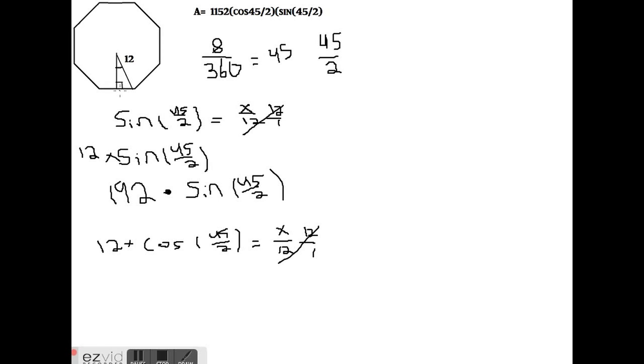Anyways, so then we need to plug it into the octagon formula, which is area equals half A times P. So then we plug everything in. A equals half the adjacent, which is 12 times cosine 45 over 2.